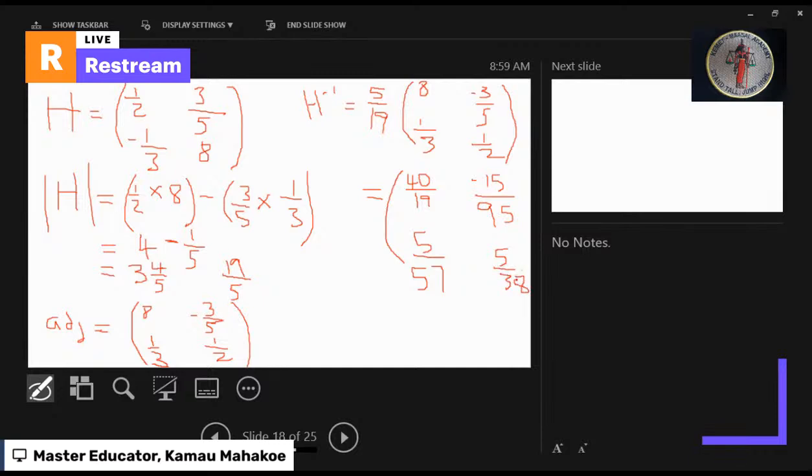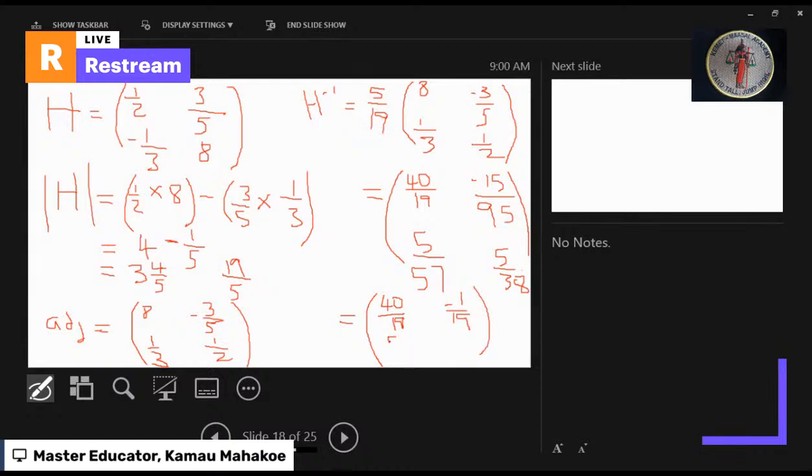So the only thing here that can be reduced will be the negative 15/95. And for the matrices, you are allowed to leave your final answer as an improper fraction. You can do that. So that would be negative 1/19.